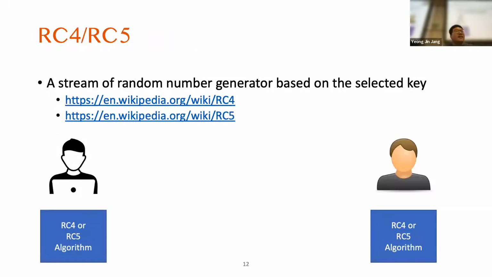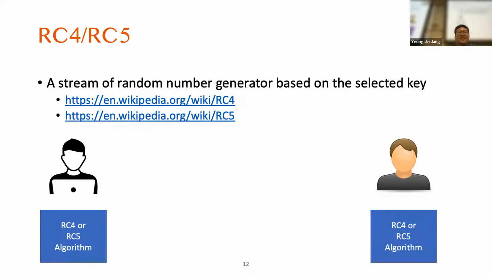There are many algorithms for stream ciphers, but the most frequently used ones were RC4 and RC5. None of the documents directly states the etymology of this name, but do you know Ron Rivest, the inventor of the RSA algorithm?